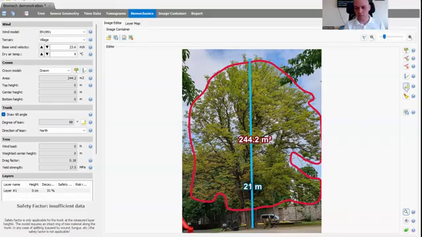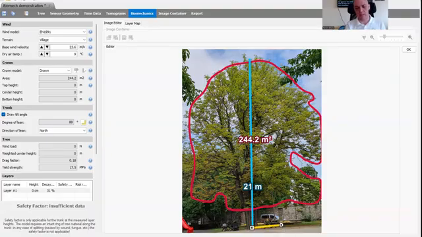Okay, and the last thing that we need to do is to mark the ground and the direction of the lean. This can be done with this yellow button. This is the fifth button on the right. First, I need to mark the base of the tree and then a horizontal. Now this image is, you can see it is a bit tilted, so the horizontal should be following that tilt, not much.